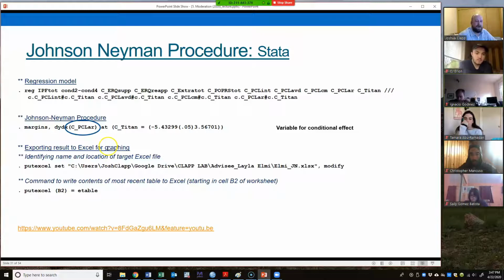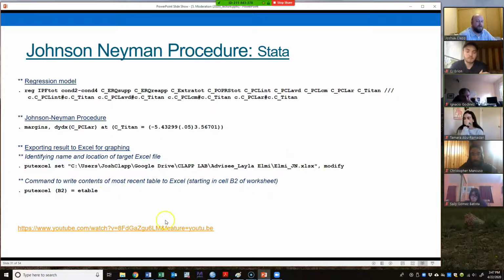But here what we're doing is asking for margins, or specified effects, for a slope of my conditional variable at levels of my moderator ranging from low to high at the interval here, right? And then it goes through and saves it to different stuff.